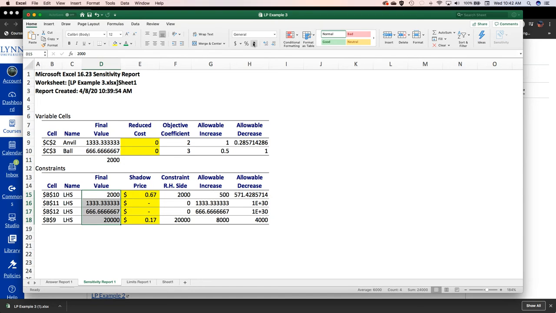So putting all of these together as well, make it a little bit easier to read. If we could get more anvils, we'd be willing to pay 67 cents per anvil more if we could get them. So the marginal utility for the anvils is 67 cents. Okay, excuse me.